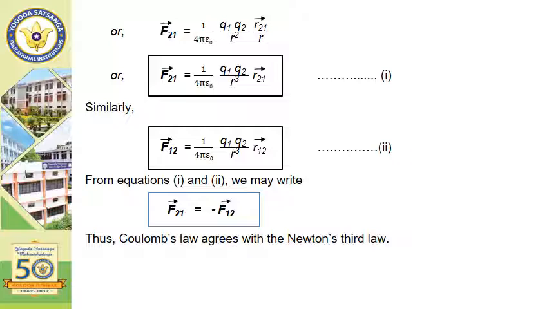From equations 1 and 2 we may also write the force F21 equals minus of force F12, and this indicates that Coulomb's law agrees with Newton's third law, that is, to every action there is an equal and opposite reaction.